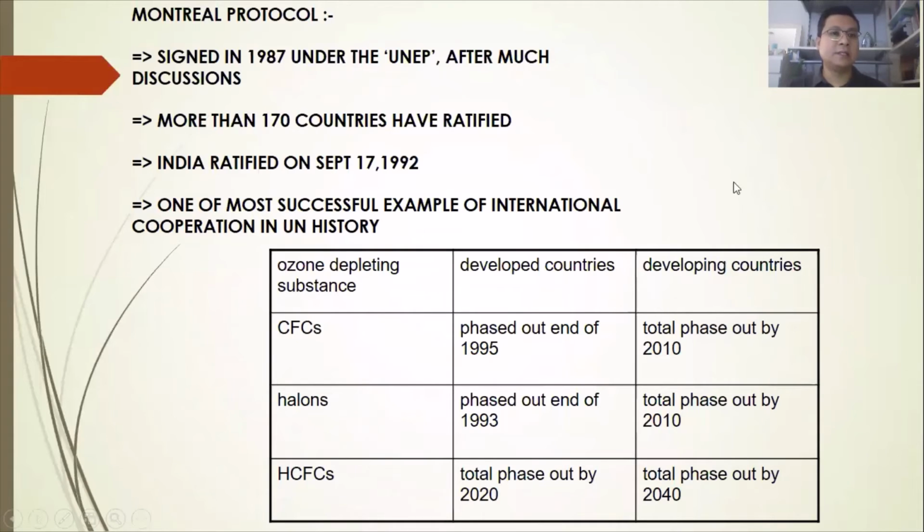Okay, the law in the refrigeration system was made through the Montreal Protocol, signed in 1987.